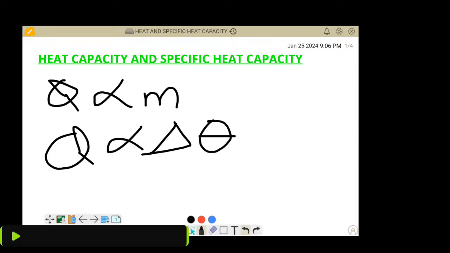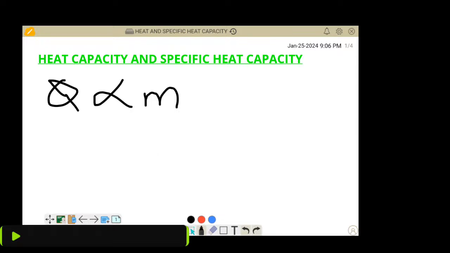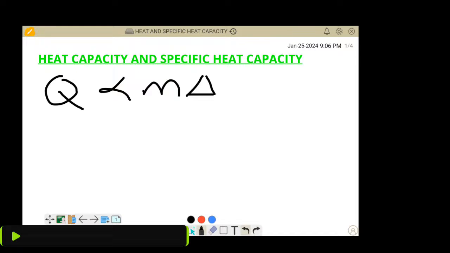Now we bring these two statements together, saying the quantity of heat is directly proportional to the mass of an object and the change in temperature of the object.